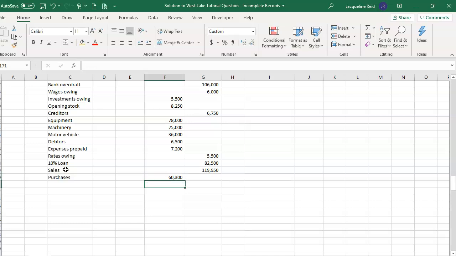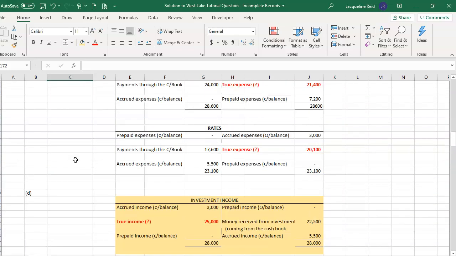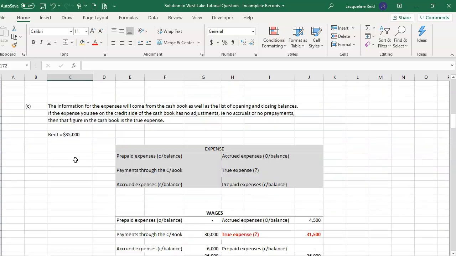And the last figure from part B that we're going to use is our discounts allowed. And so that's our 3 items from part B. Let's go back up now to part C to see what we can get out of that.